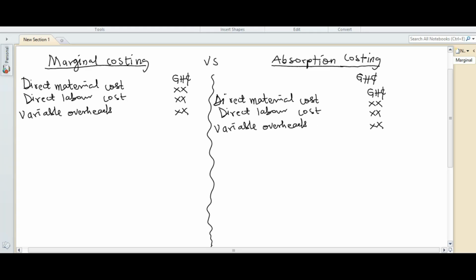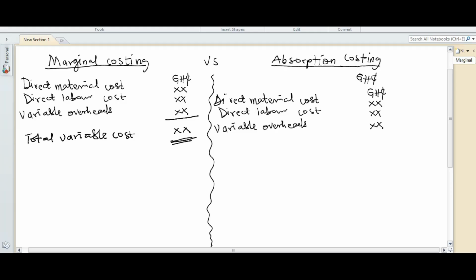Now when you add all the variable costs here, it will give you total variable cost, which I'll put here. When we are doing the marginal costing system, fixed overhead is treated as a period cost. So in the marginal costing method, we will stop here.